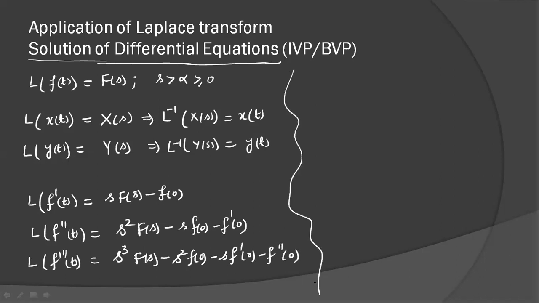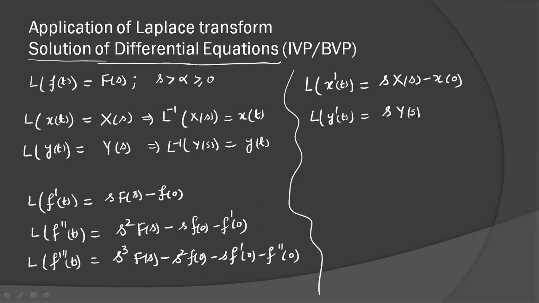So here our notation is going to be changed. If we are interested in Laplace of x dash t, it will become s times X(s) minus x(0). If we take y dash t, it will become s times Y(s) minus y(0). So whichever notation you are following, you can write the formula. For the second derivative in y, it will be s square Y(s) minus s y(0) minus y dash 0.